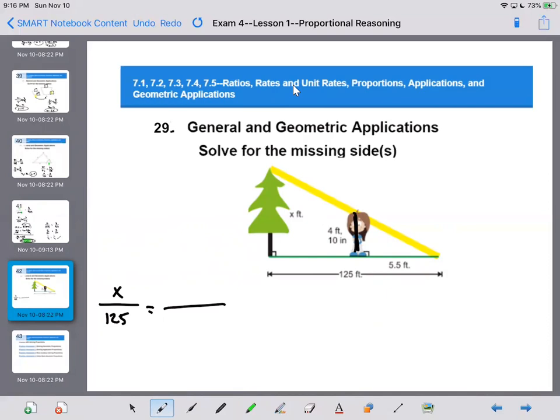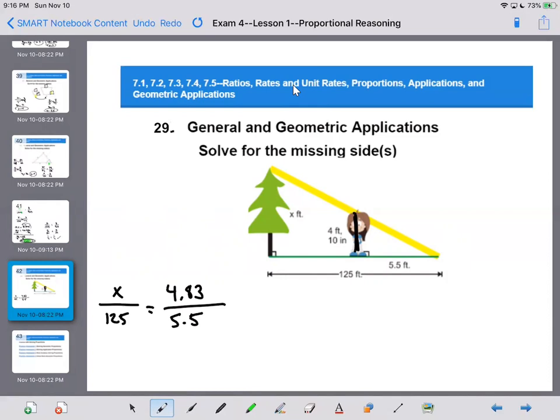So this is going to be 4 83/100 approximately. And the 5.5 feet, I don't have inches there, I just have 5.5 feet. The height of the person was 4 feet 10 inches, so I just took the 10 inches and changed it to a decimal.